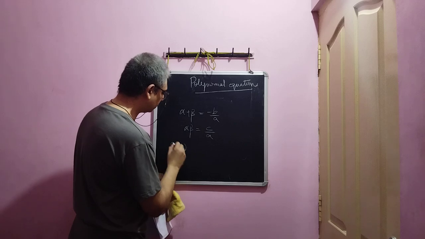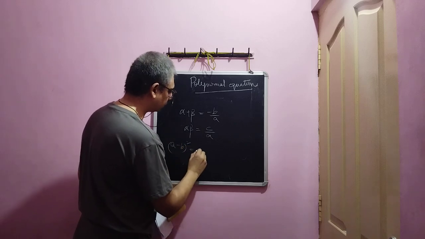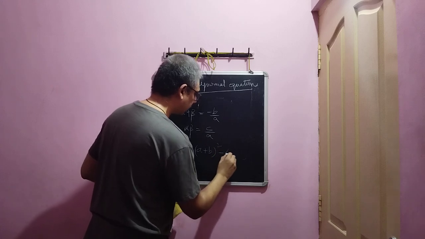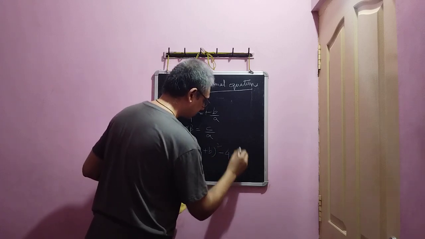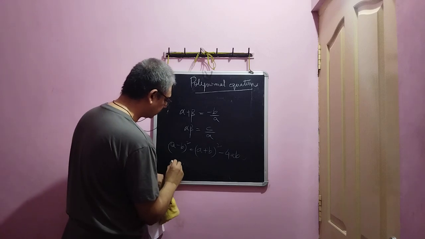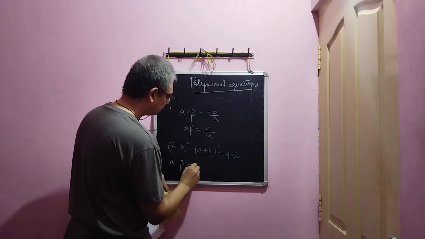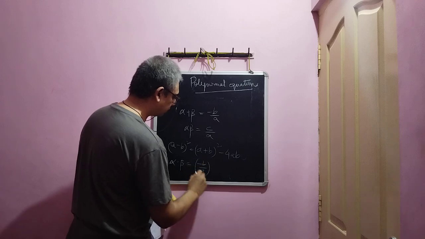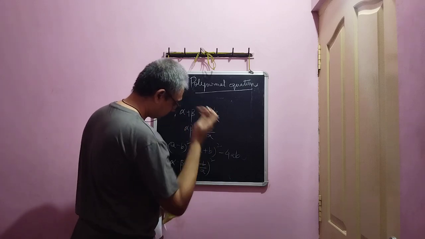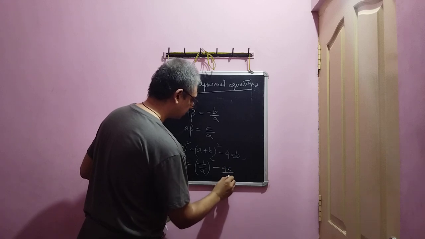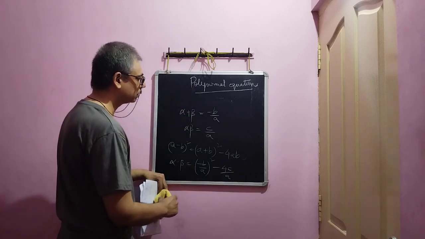a minus b the whole square is equal to a plus b the whole square minus 4 times ab. So we can find out alpha minus beta, which is equal to the square root of minus b by a the whole square minus 4 times c by a.